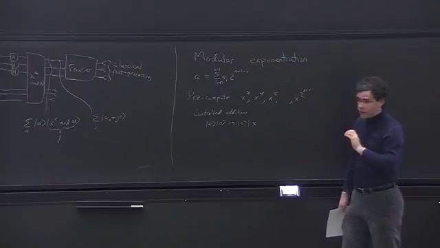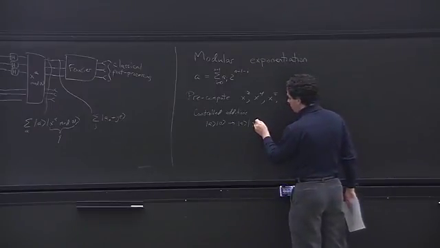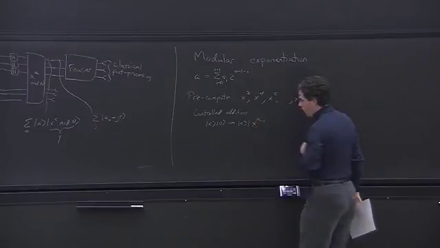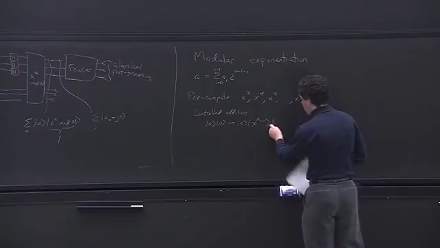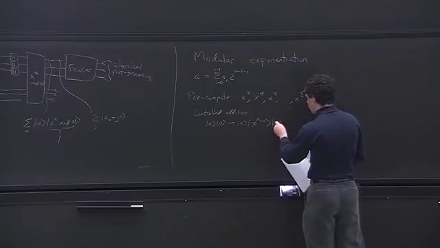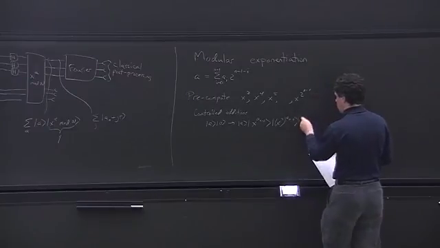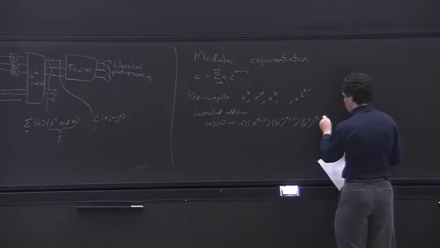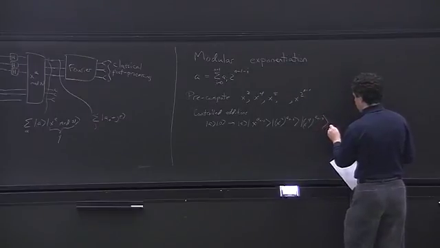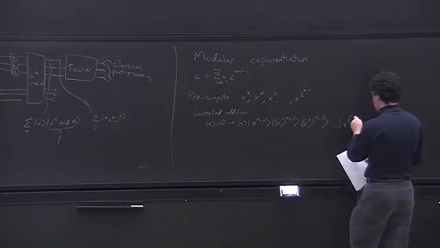If a sub n minus 1 is 1, we want to put x there. So that's x to the a sub n minus 1. And then here we have x squared to the a sub n minus 2, and x to the 4th to the a sub n minus 3, and so on. And here, x to the 2 to the n minus 1 to the a0.